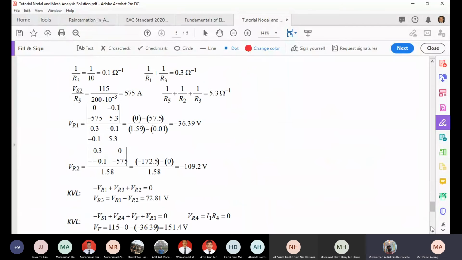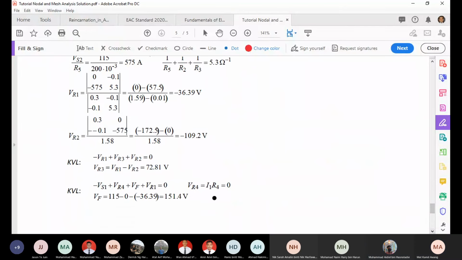So you substitute, because VR1 and VR2 you have. Therefore, from here you can find VR3, the 72.81 volts, and from here you can find VR4, because VF is 0 because the fuse is considered as 0. VS1 was given, so therefore you can find the R4, right?